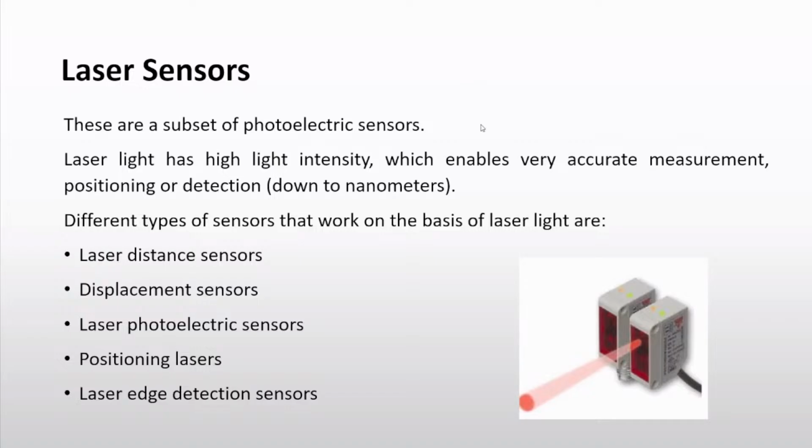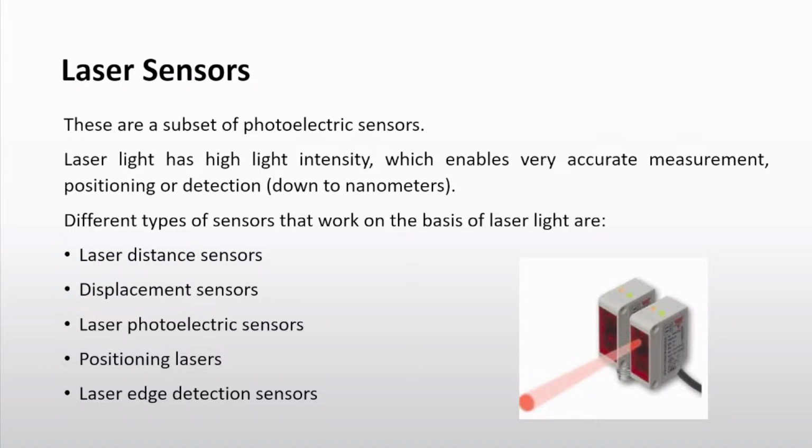So we can use these laser sensors instead of the photoelectric sensors. That means, as I told you, when you replace the emitter of the photoelectric sensor with a laser, you get a laser sensor.